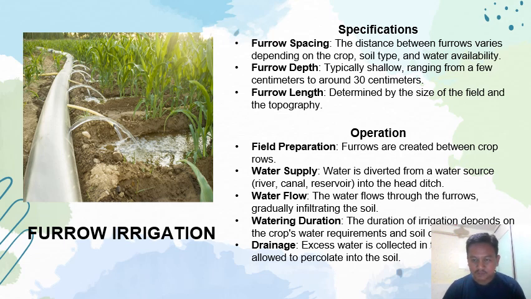The water flows through the furrow, gradually infiltrating the soil. Water duration. The duration of irrigation depends on crops, water requirement, and soil characteristics. Drainage. Excess water is collected in the tail ditch or allowed to percolate into the soil.